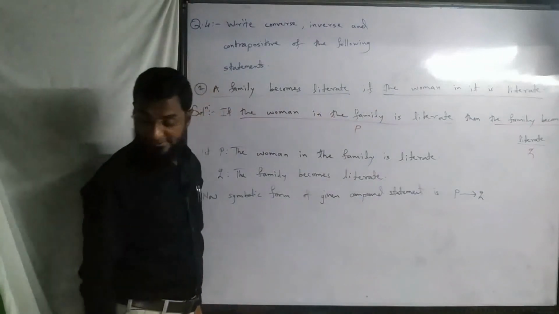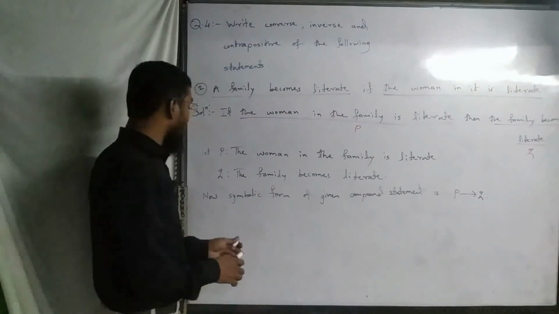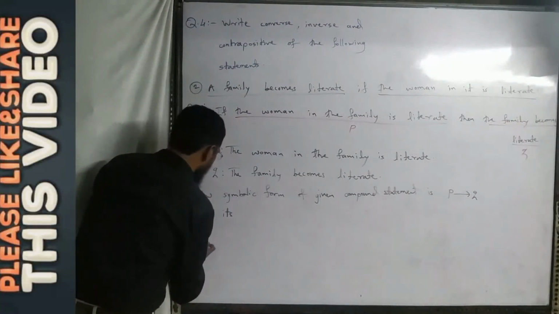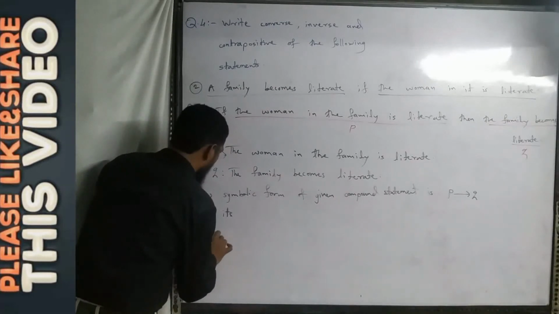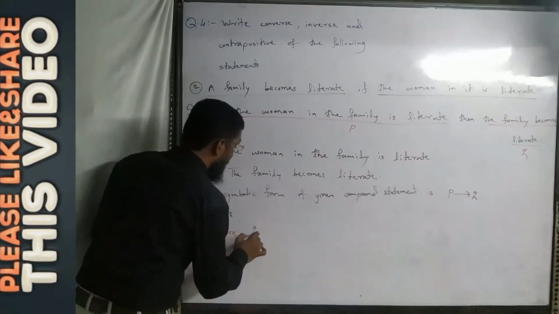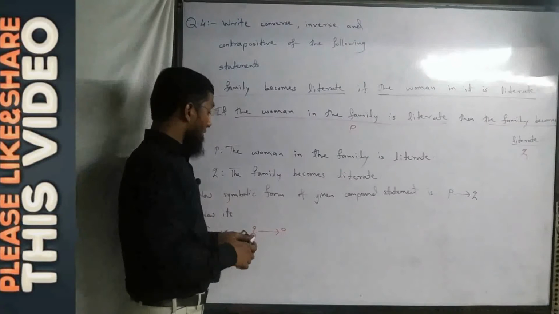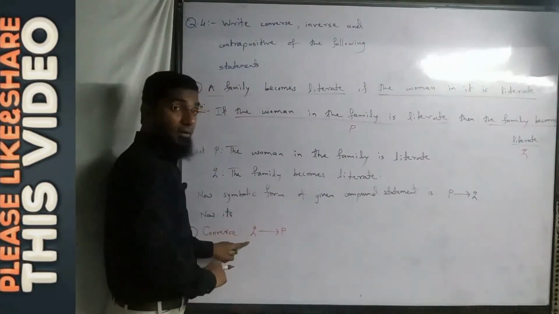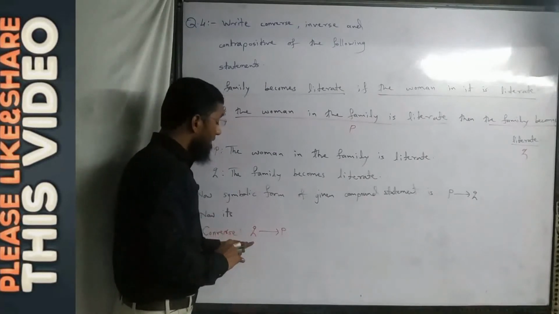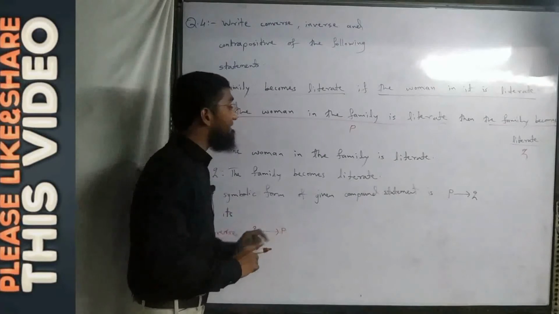Now we have to write its converse, inverse and contrapositive. Number one, converse. Q implies P. Converse is also a conditional statement. It is if Q then P, that means Q is hypothesis and P is conclusion.